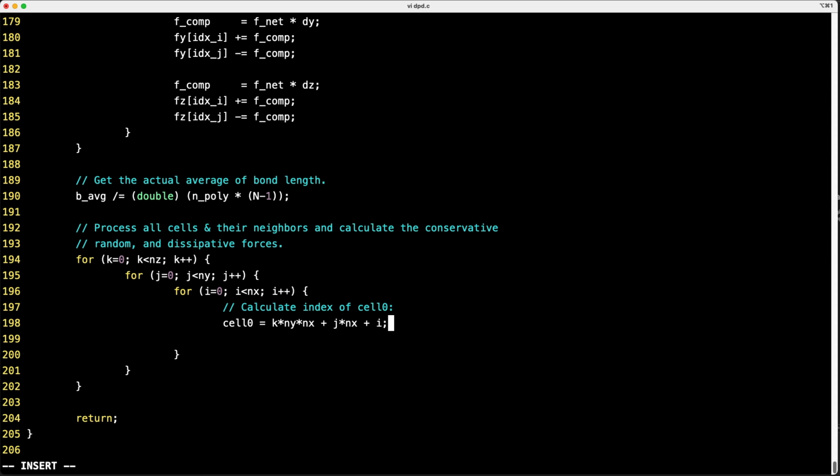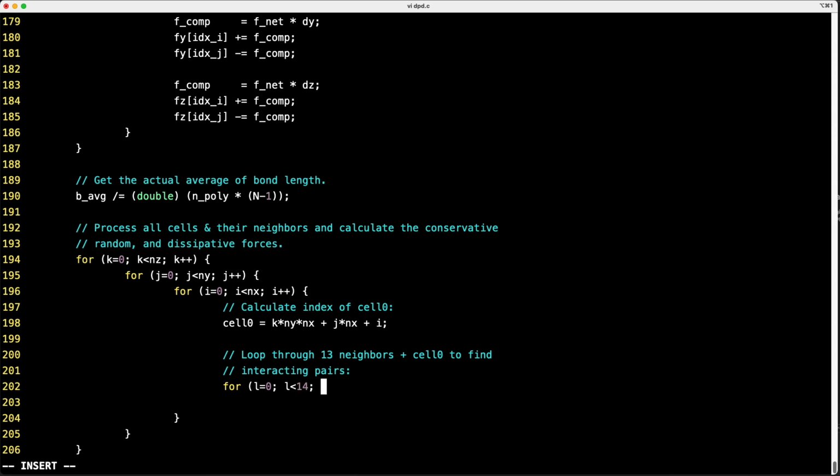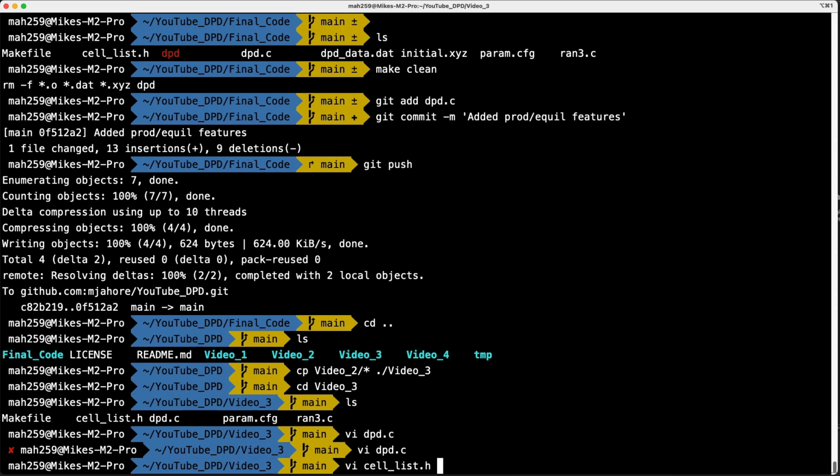And now what we need to do is loop through the 13 neighbors plus cell 0 to find interacting pairs. So that means we need another index, l is equal to 0, l is less than 14, l plus plus. Maybe it's not clear at the moment what I'm going to do, but let me show you.